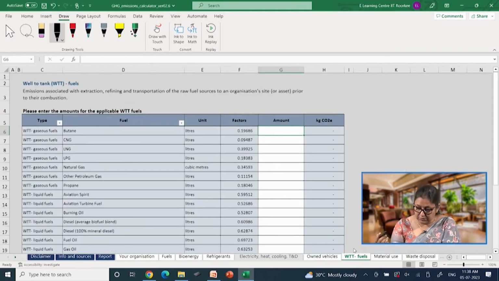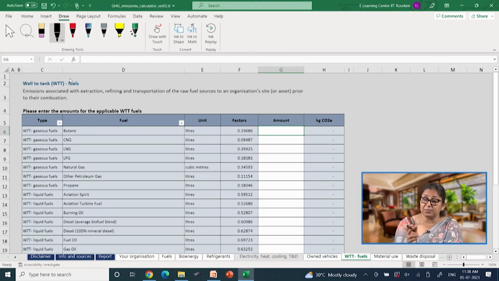This is WTT fuels, so well to tank fuels. Now, here we are talking about the production of fuel. So, this is not going to be relevant for all the companies. For example, an institute might not find it relevant, no data here. However, certain companies like big petroleum companies might be talking about well to tank.